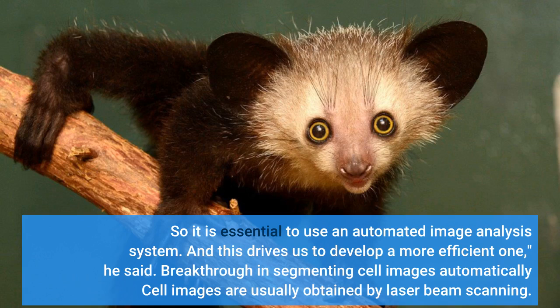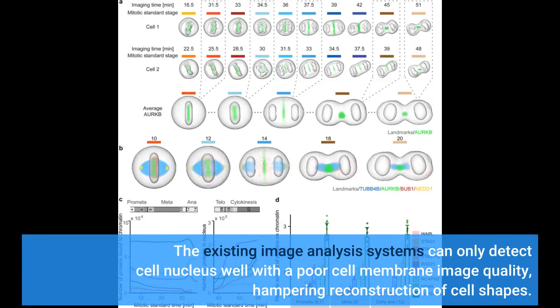Breakthrough in segmenting cell images automatically. Cell images are usually obtained by laser beam scanning. The existing image analysis systems can only detect cell nucleus well, with a poor cell membrane image quality, hampering reconstruction of cell shapes.